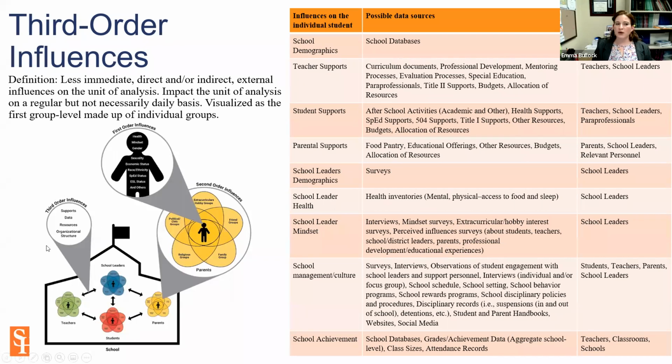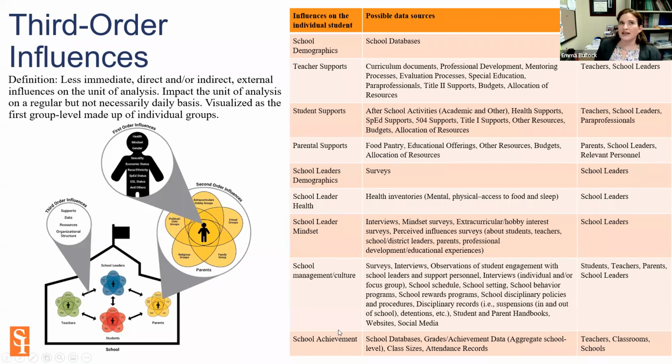And so we can come up with third order influences. Using this visualization, we're able to come up with influences on the individual student. They may be indirect influences, but they're still influencing at some level. And so we're able to come up with a lot more possible influences that may or may not be important.